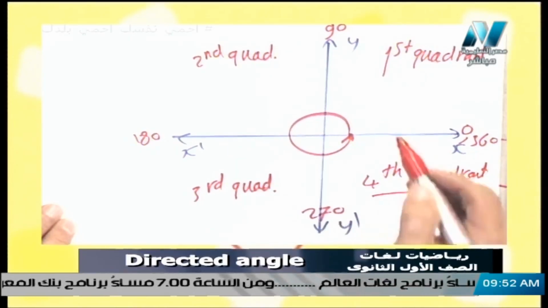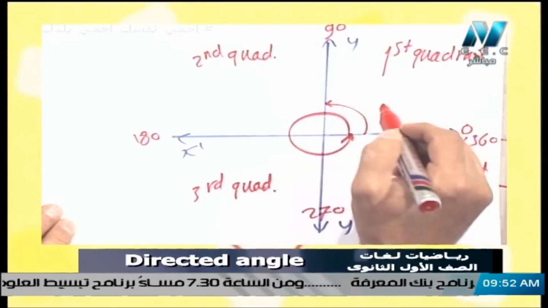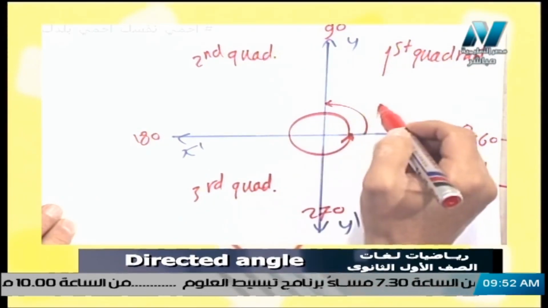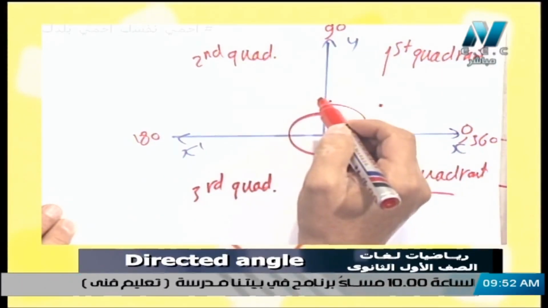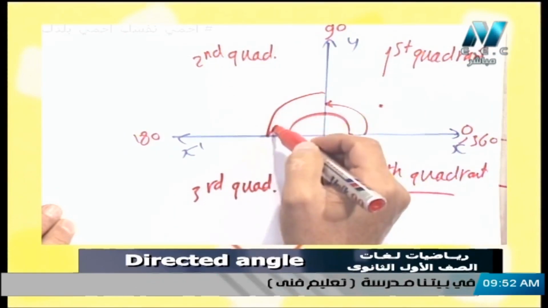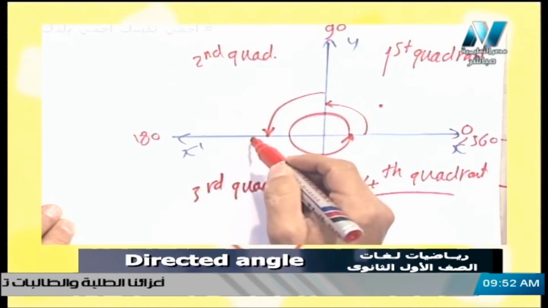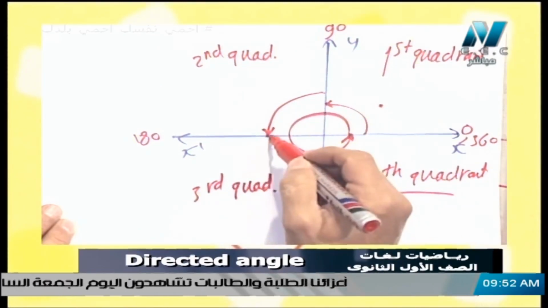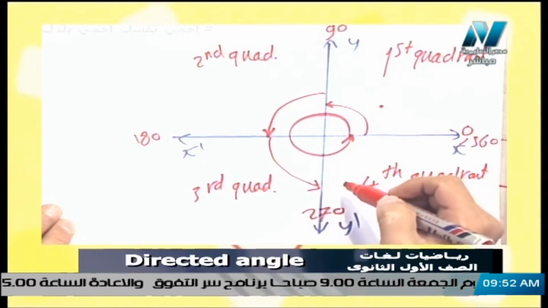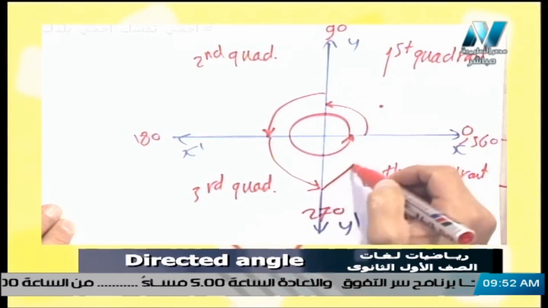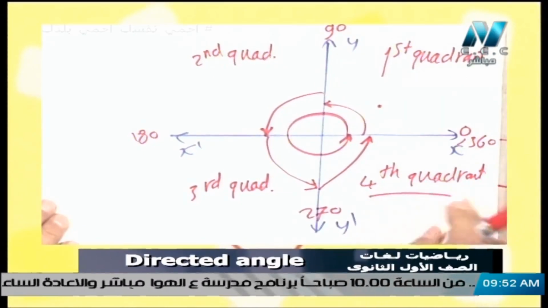So any angle between 0 and 90 lies in the first quadrant. Any angle measured between 90 and 180 will be in the second quadrant. Any angle between 180 and 270 lies in the third quadrant. Any angle more than 270 and smaller than 360, of course, will be in the fourth quadrant.